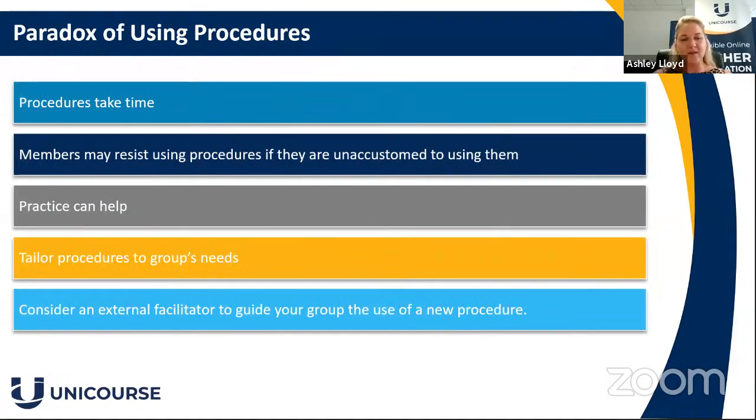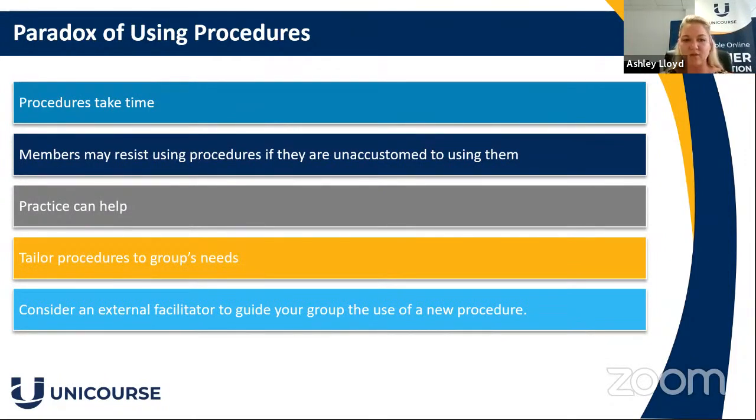So downsides to using these procedures, or the paradox of using the procedures, is that they can take time. You've got to allocate that time out. People may resist because, for example, people might not like brainstorming. They would rather do a nominal group technique, or they might just want to be confidential and write theirs on a piece of paper. They might not feel confident or feel involved.